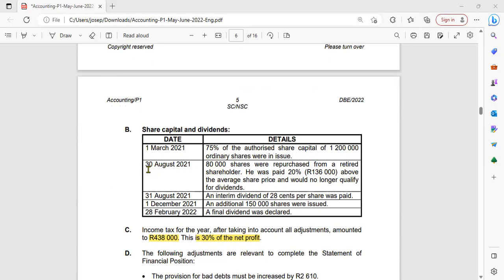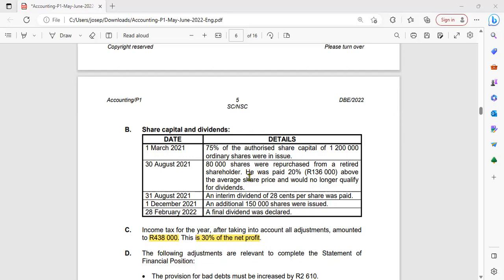Then the second one is on the 30th of August 2021, 80,000 shares were repurchased from a retired shareholder. So meaning this shareholder sold his shares to the company, right?